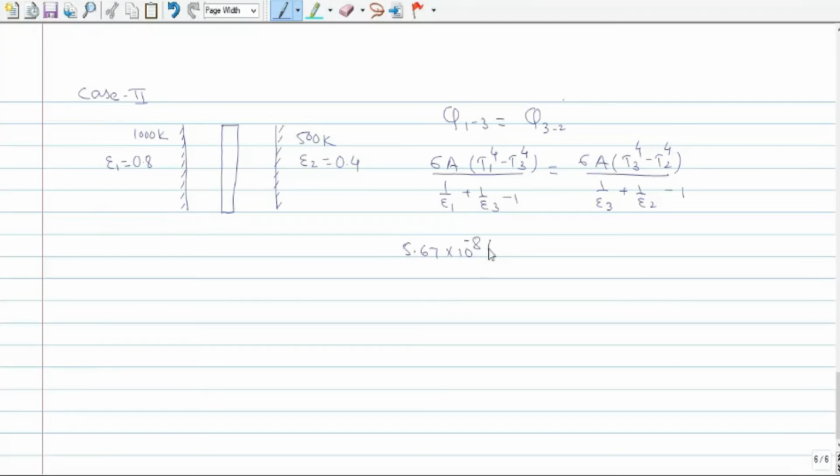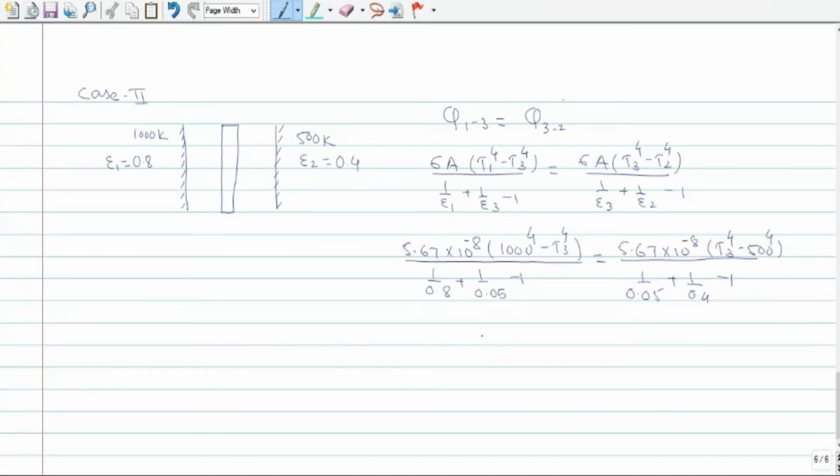Sigma has a value of 5.67 into 10 to the power minus 8. T1 is known to us, that is 1000 to the power 4 minus T3 to the power 4 divided by 1 upon 0.8 plus 1 upon 0.05 minus 1 equals 5.67 into 10 to the power minus 8 into in the bracket T3 to the power 4 minus 500 to the power 4 divided by 1 upon 0.05 plus 1 upon 0.4 minus 1.